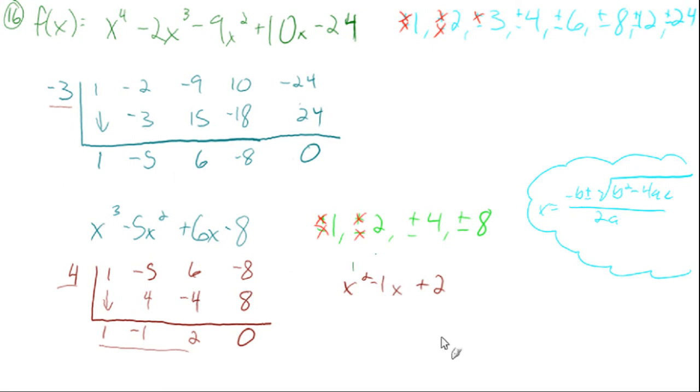We don't care too much, and I'll show you why. x equals -b, so that's going to be a -1, that's +1, plus or minus the square root of b squared, which would be 1, minus 4 times a, which is 1, times c, which is 2, over 2 times a, which is 1. Okay, so the reason we don't care is because look what we get inside the square root here. 1 minus 8, that's -7.